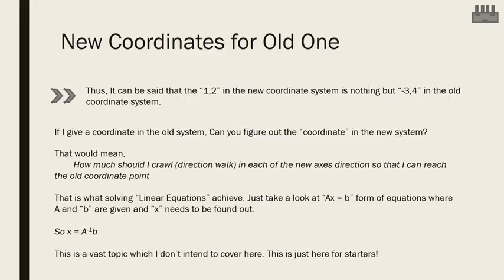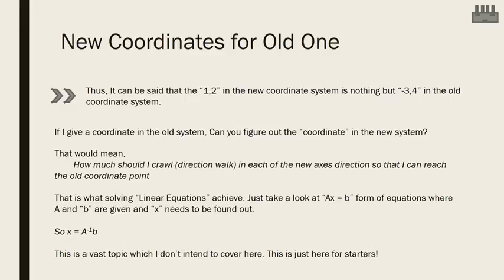But if I give a coordinate in the old system, let's say I give you minus 3 comma 4 and I give you the new axes, can we figure out what the coordinate is in the new system that corresponds to this old coordinate? That would essentially mean how much should I walk in each of these new axes so that I can reach the old coordinate point.